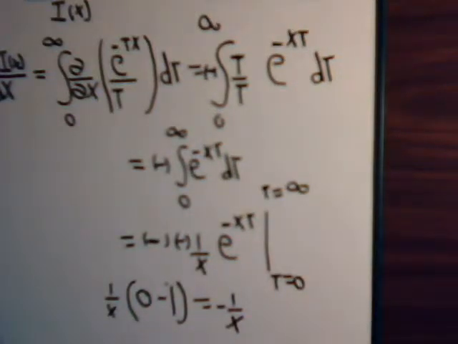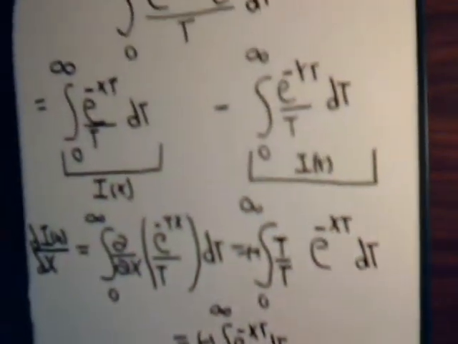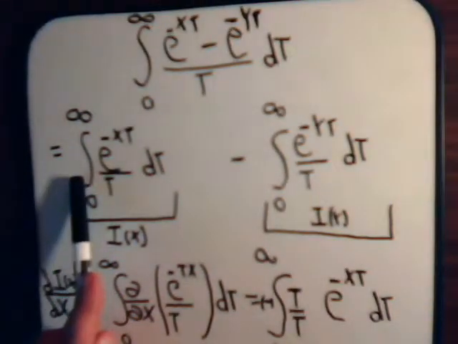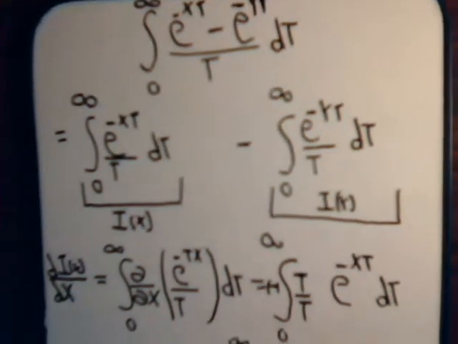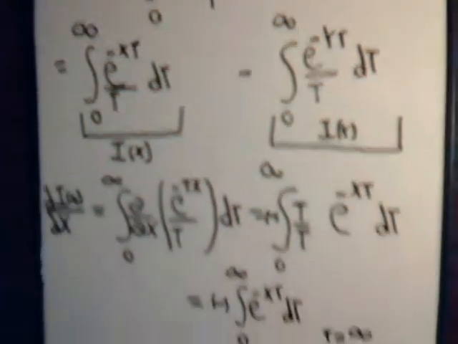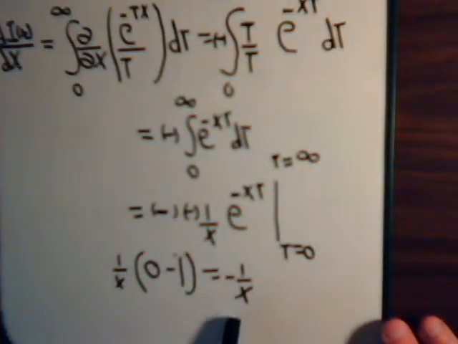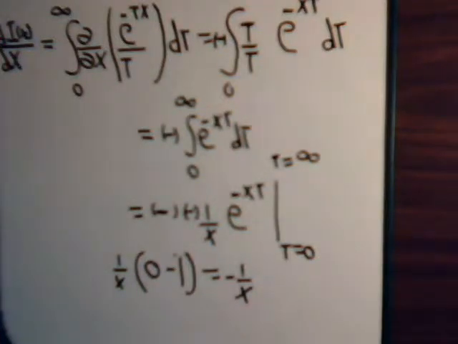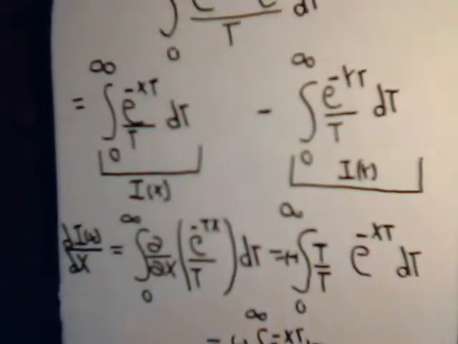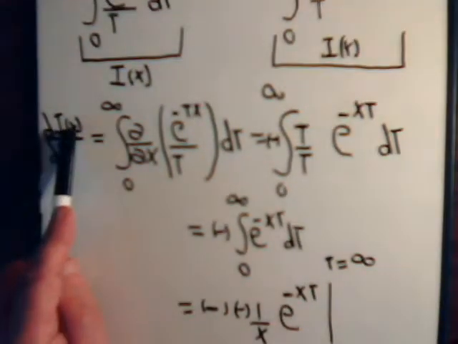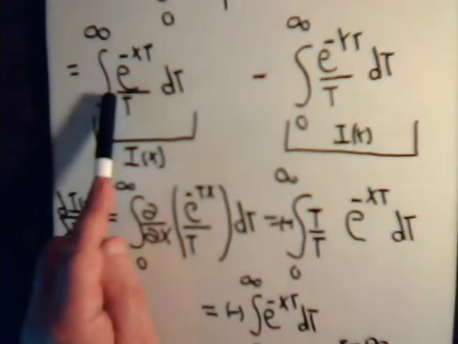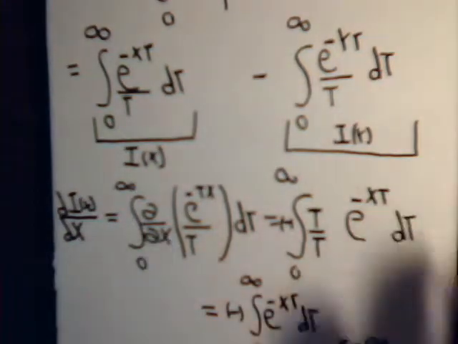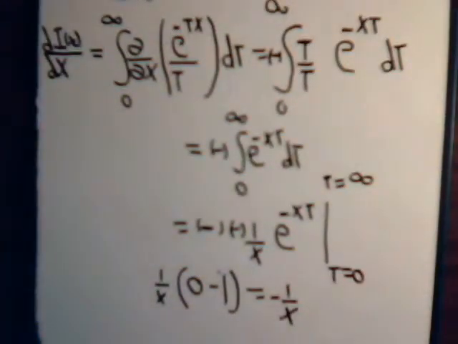So our first integral was this one, and the derivative of that with respect to x is minus 1 over x. So what we're doing now is we're just calling the integral I, and we're treating the I right here just as a variable, taking its derivative, following the rules by taking the derivative inside the integral and going through the steps, and we end up with minus 1 over x.